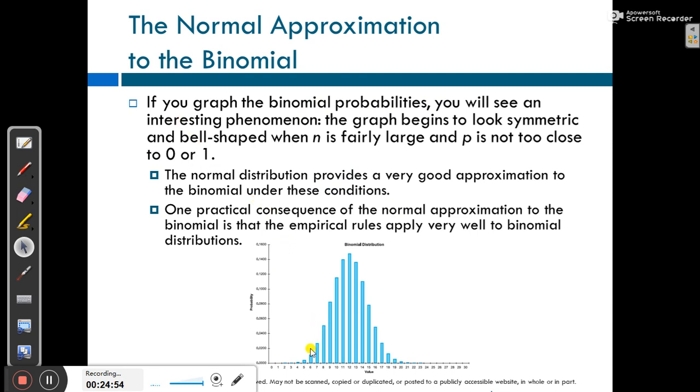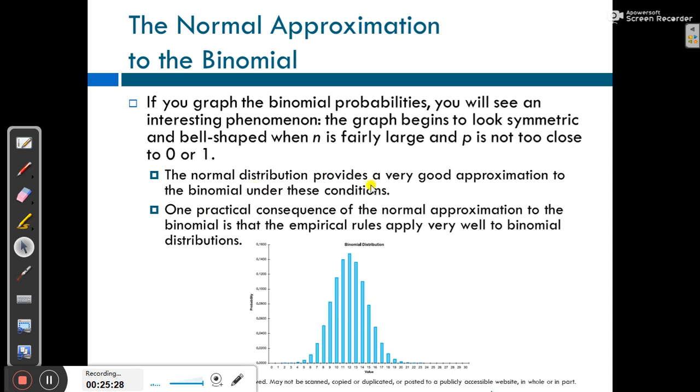This is a discrete graph. If you graph the binomial probabilities, you will see an interesting phenomenon: the graph begins to look symmetric and bell-shaped when n is fairly large and p is not too close to 0 or 1. So here you can see that p will not be close to 0 or 1, and n will be fairly large. The normal distribution provides a very good approximation to the binomial under this condition.